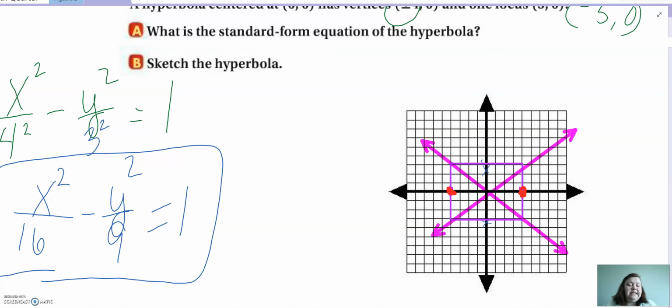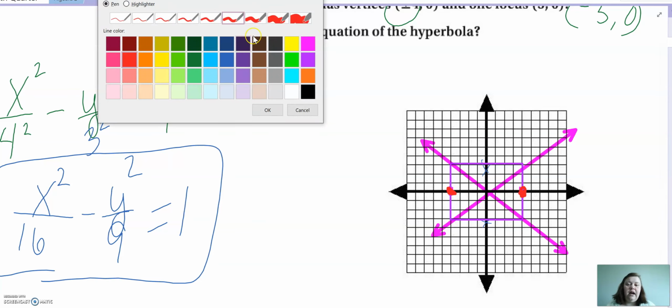And the last step is to draw in those parabola shapes that make up the hyperbola. Now when we draw those in, we want to make sure that we're choosing our vertices here. So remember, the x squared came first, so it has to cross the x-axis. So I have to have it curve through here and curve through here. Now when you go to draw this, it can be difficult to draw.